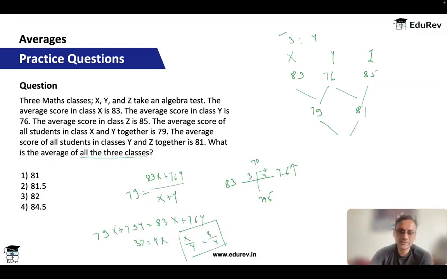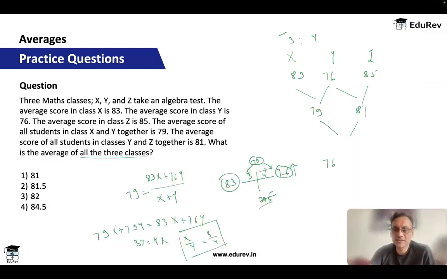Just remember that when you have 79 minus 76, when you subtract, it does not matter whether the value is positive or negative, the difference you write on the other side. Similarly, 79 minus 83, when you subtract, this difference you write on the other side. That's all. So you get 3:4.